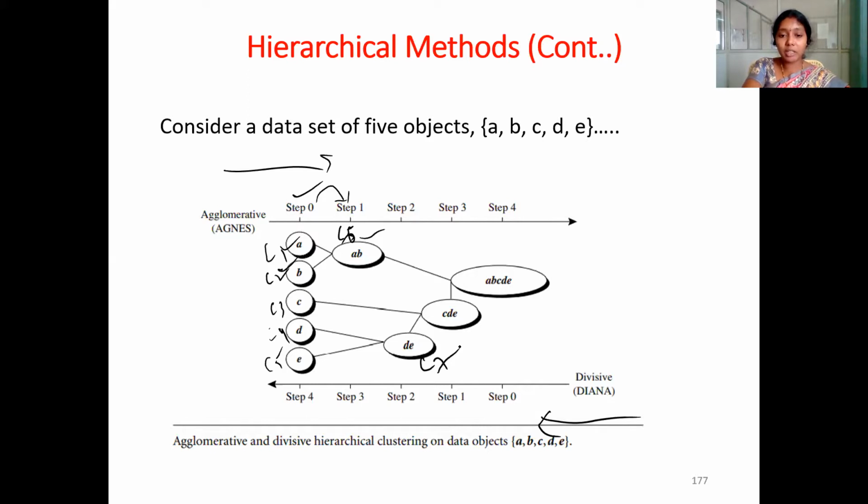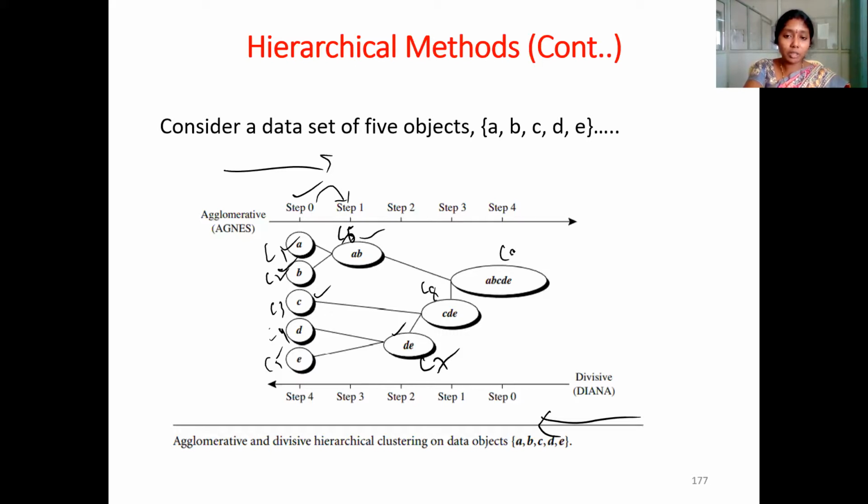And in the next step, I can analyze from the distance calculations that cluster C and cluster D are close together. That means I need to calculate the Euclidean distance between cluster C and cluster D. Since those two are close together, I can club those two and form the next cluster.